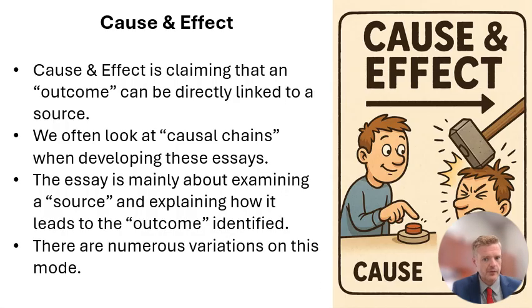So I want to emphasize this again. There are numerous variations on this. Your textbook reading, hopefully you read your textbook, demonstrates all the different organizational structures that can be used to make sense of a causal chain or causal relationships, relationships between causes and effects. You can look at a single cause leading to multiple effects, or multiple causes leading to a single effect.